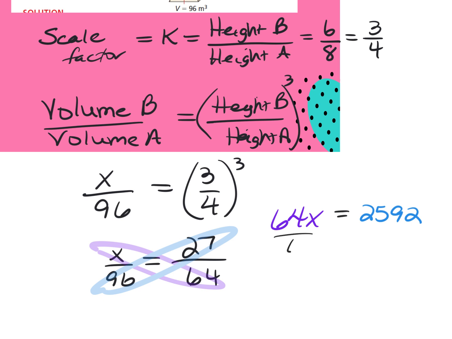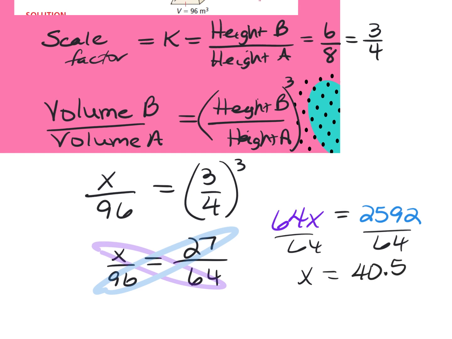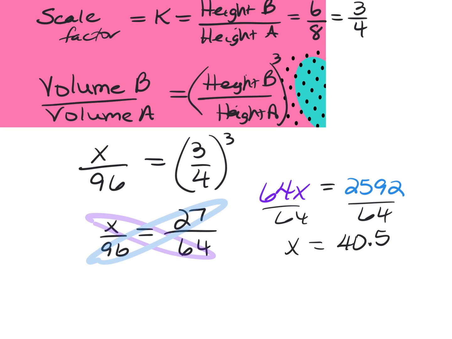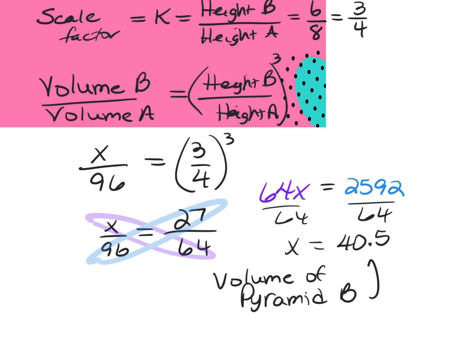Divide both sides by 64, and x is equal to 40.5. And remember, we said x was the volume of A, or sorry, volume of B. So the volume of pyramid B is going to be 40.5, and these are meters cubed. So the final answer, 40.5 meters cubed.